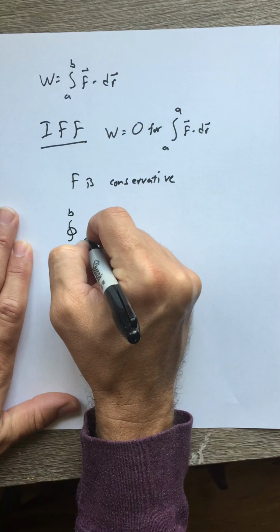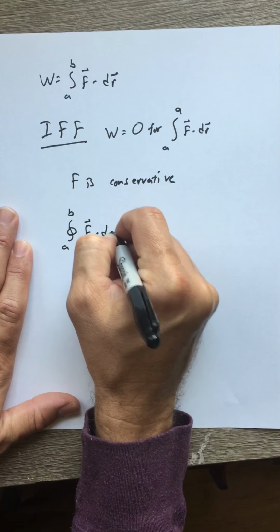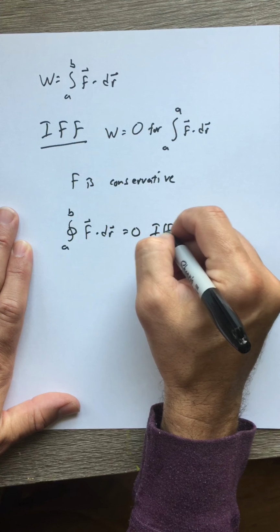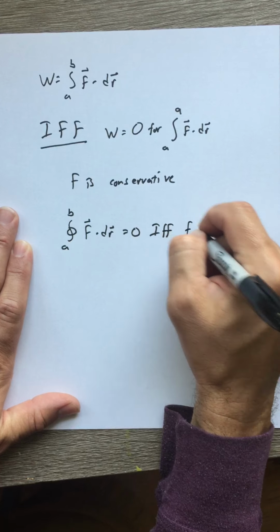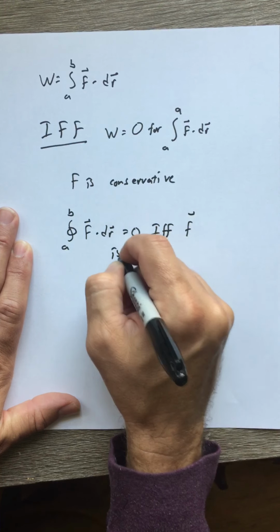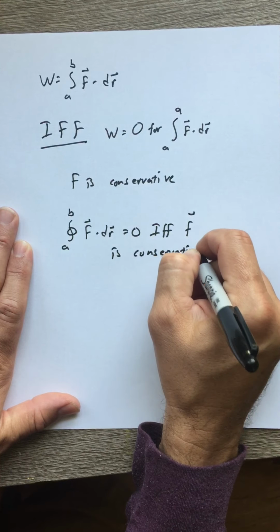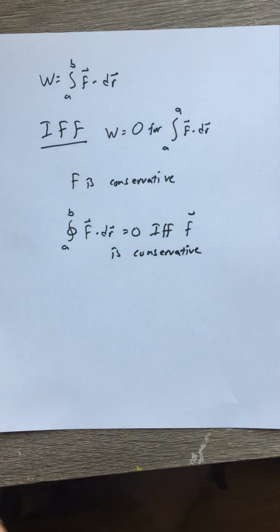The closed integral of F dot dr equals 0 if and only if F is conservative. This actually functions as the definition of a conservative force. So this is very, very, very important.